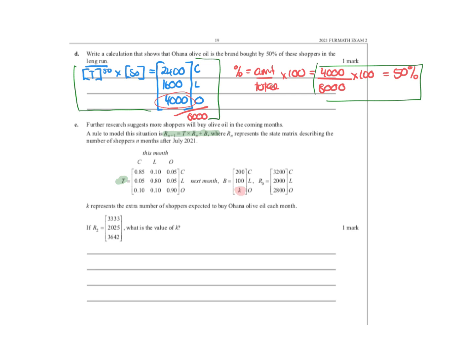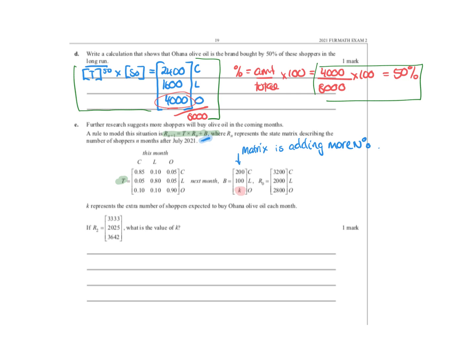What you've got to think about is, remember, when we don't have an extra added matrix, our numbers remain the same. So this matrix here is adding more numbers, and so more numbers to our overall shoppers.